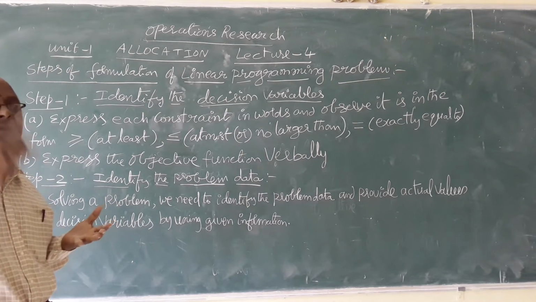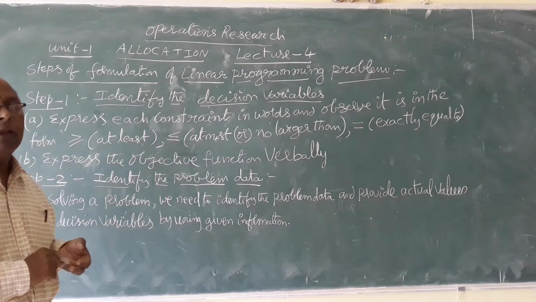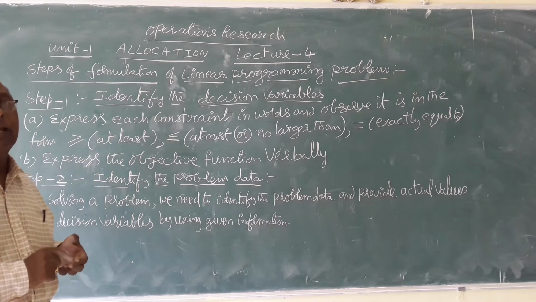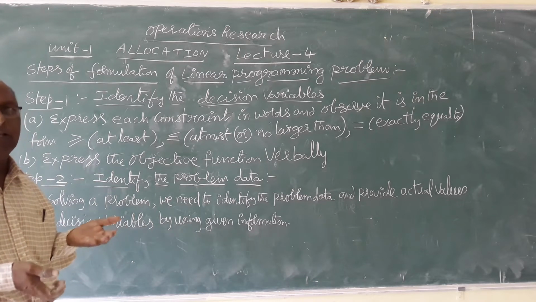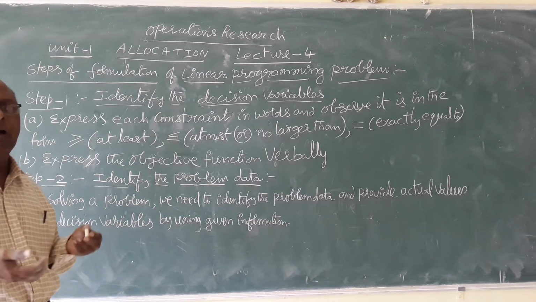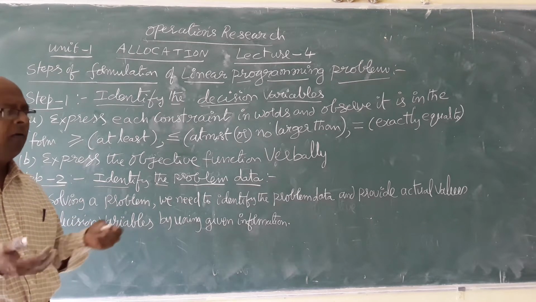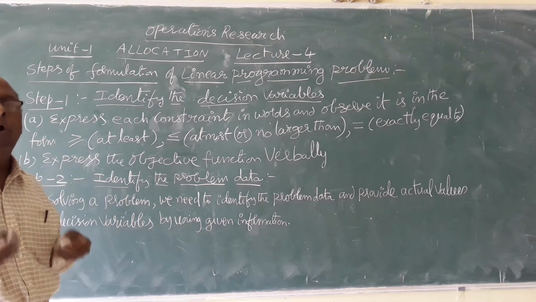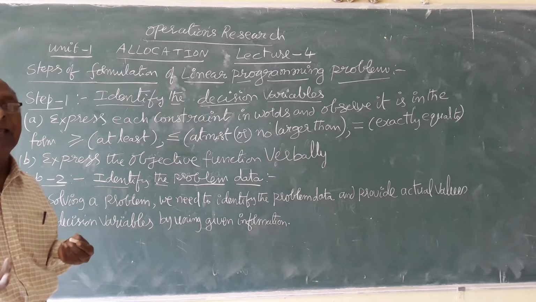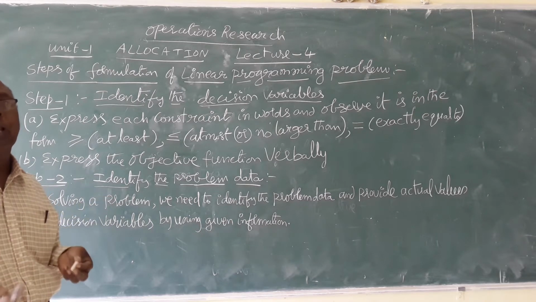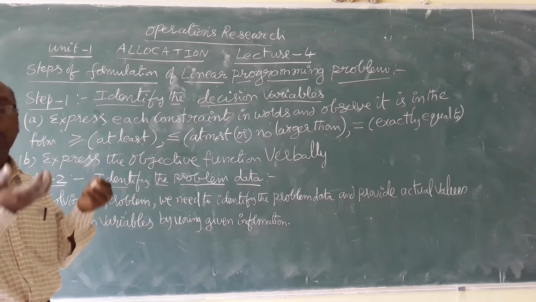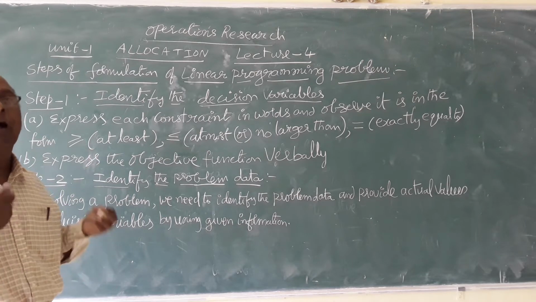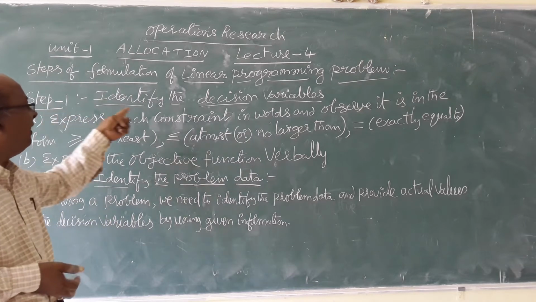We have to find such variables, which are known as decision variables. So first, forming a linear programming problem means we have to know how many decision variables there are in the given data. So identify the decision variables.